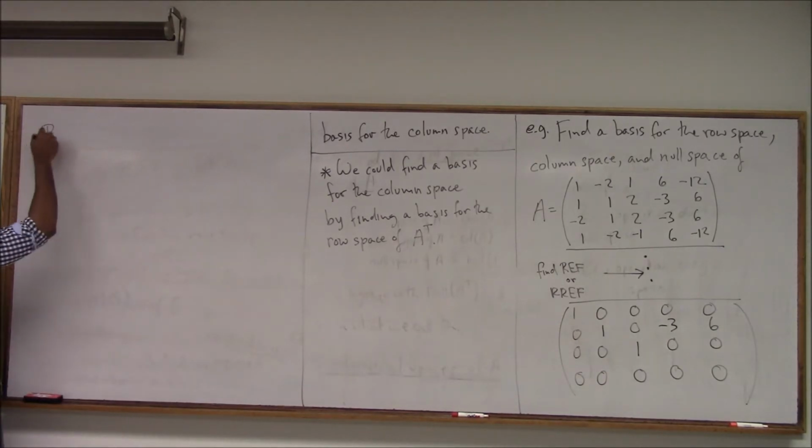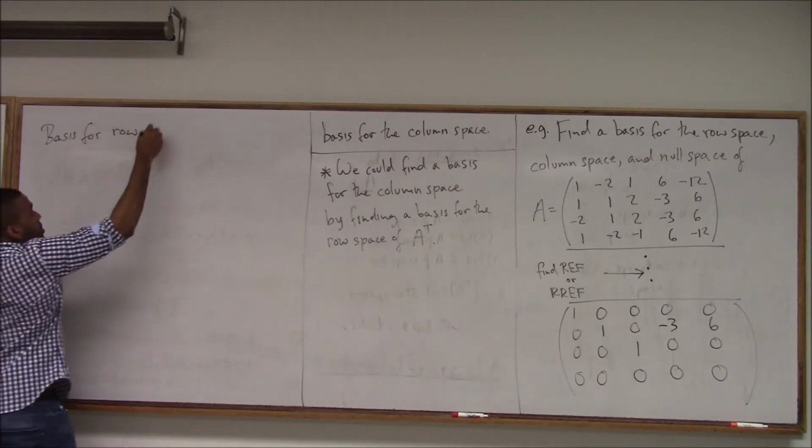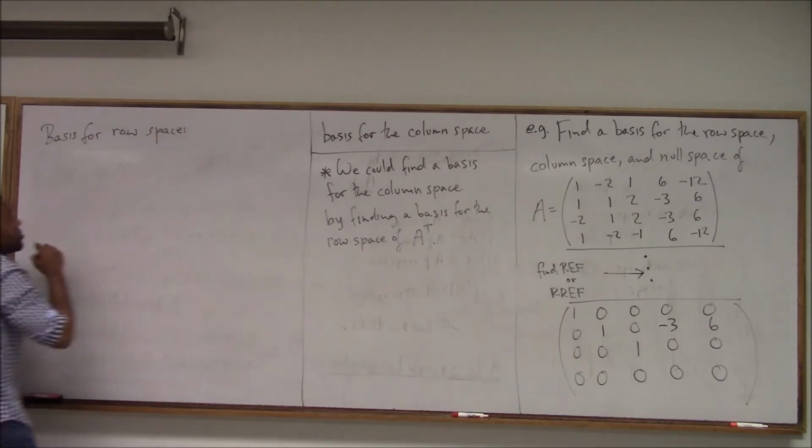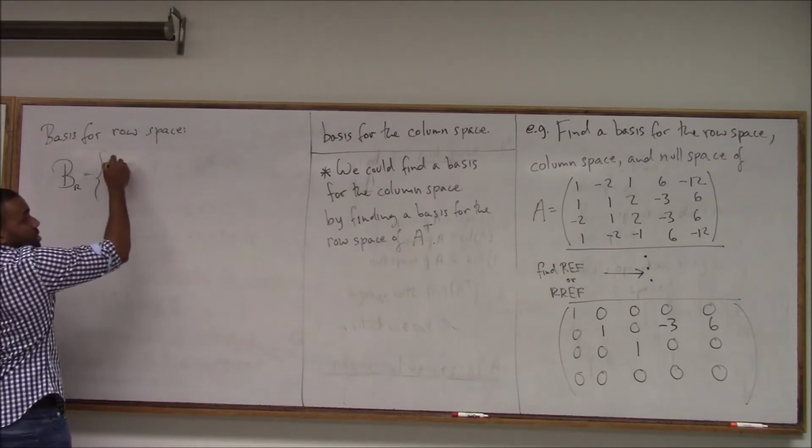So let's do that. What's the basis for the row space? It's literally just you take the non-zero rows.